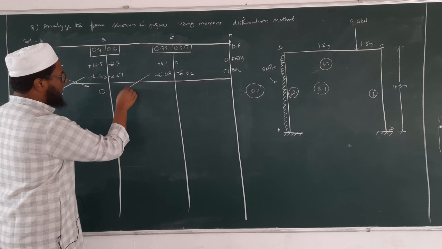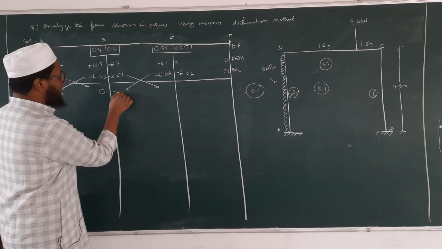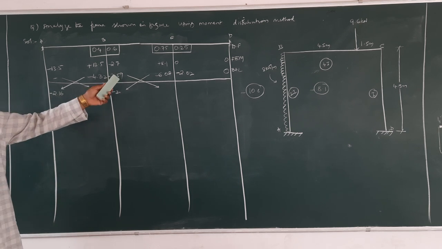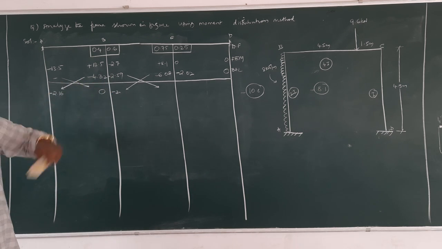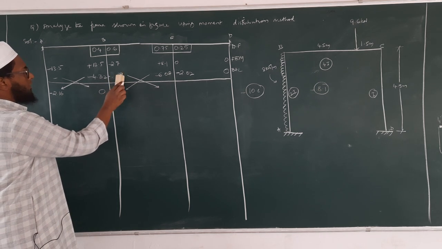Then we'll take this value and send it, minus 3.02. Then this one is minus 6.48.